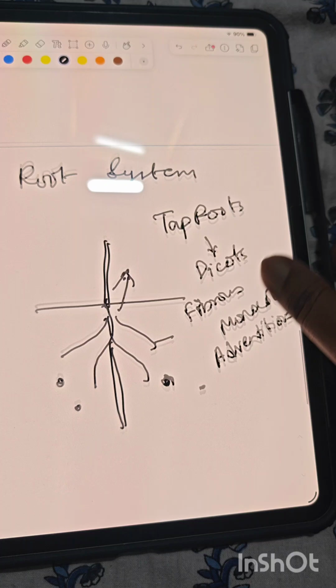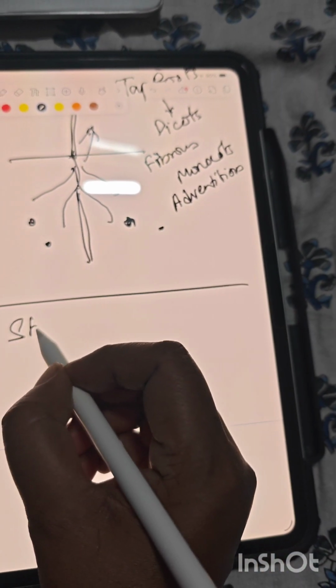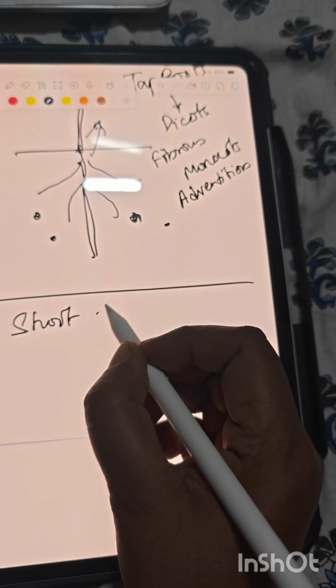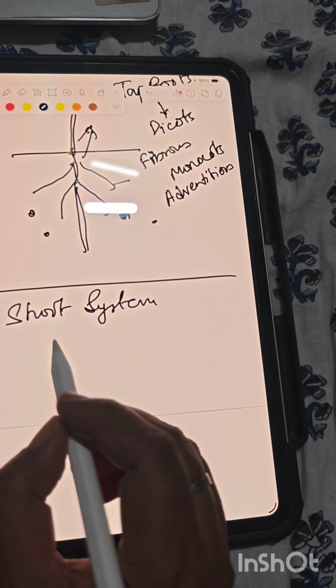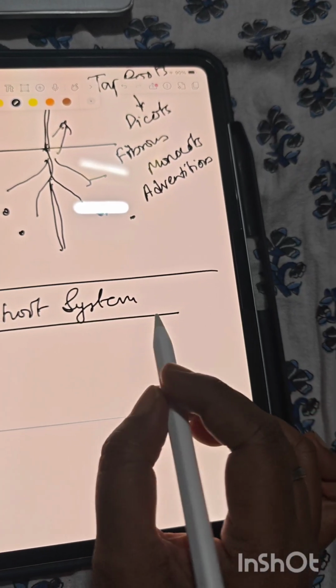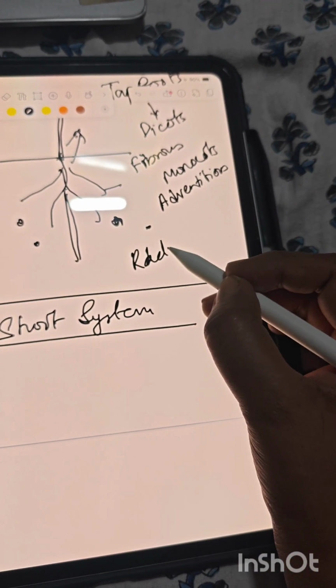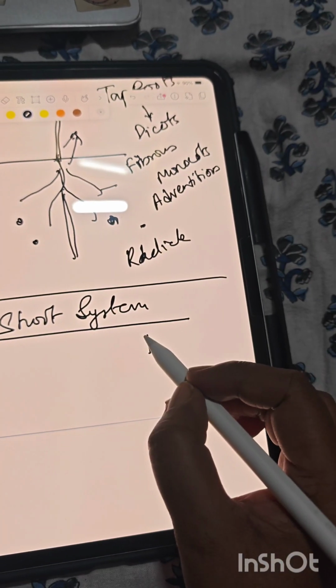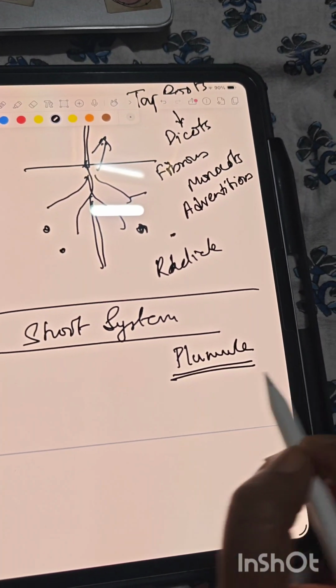Next is the shoot system. I am just explaining in brief because we have studied this many times. As the root comes from the radicle, the shoot system comes from the plumule; the origin point is the plumule.